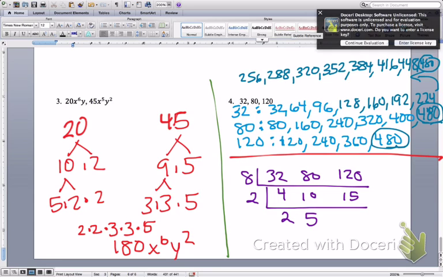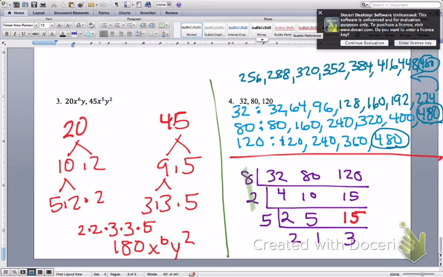2, 5, and the 15 would stay 15. So this is the one you've got to be careful of. We did not divide this one. We just divided the first one and the second one. So that's allowed. And now we can go ahead and divide one more time. But this time we're going to divide the second and the third one. So we're going to divide by 5. So we get 2, 1, and 3.